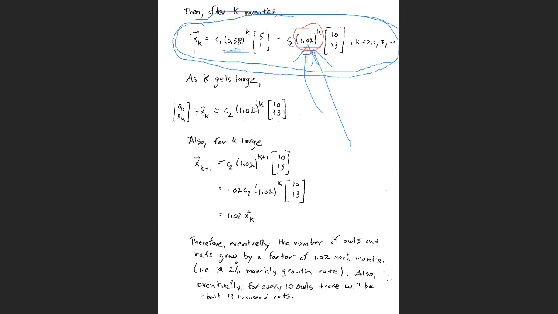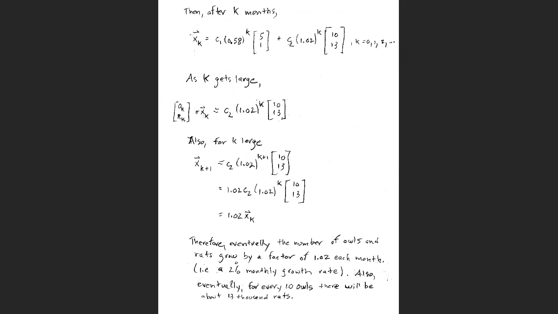All right, so let's continue with the problem at hand. When k is large, because the first term drops out, goes to 0, then the owl and rat populations can be approximated by the second term.